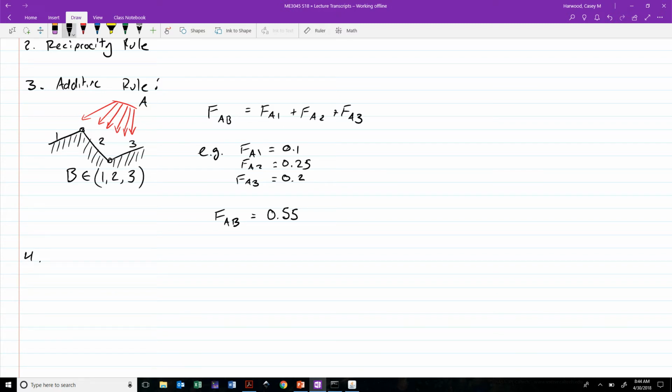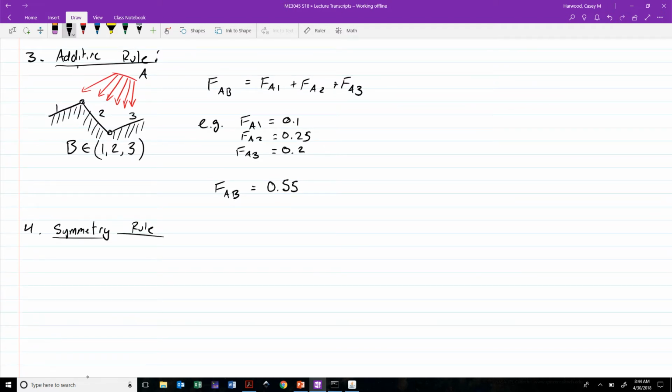And number 4 is the symmetry rule, which states essentially that physical symmetry implies radiation symmetry.